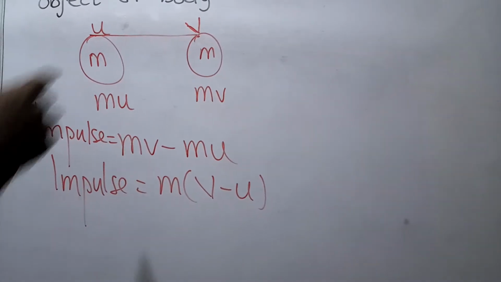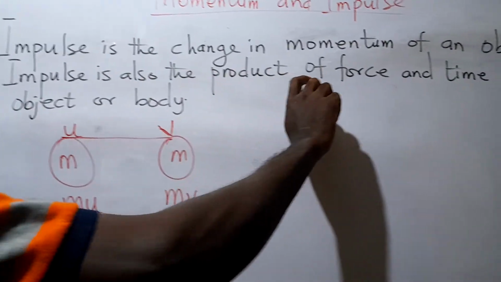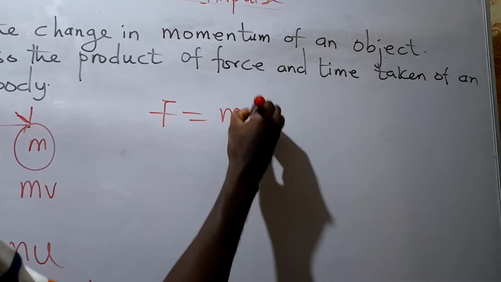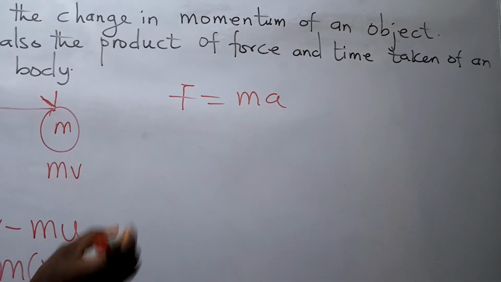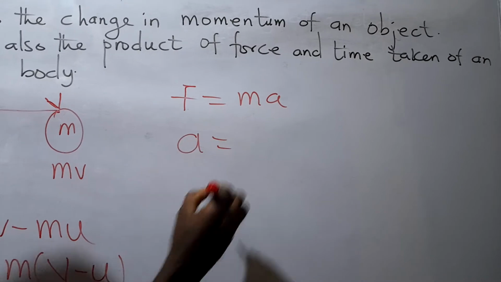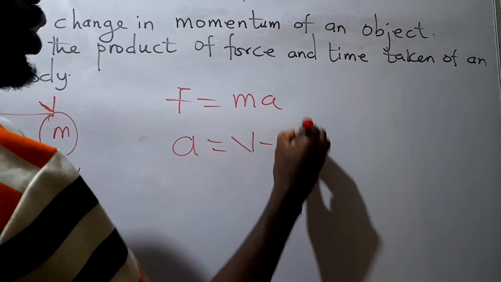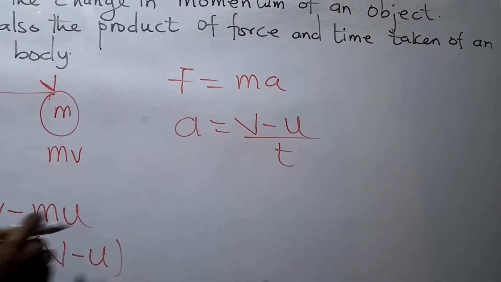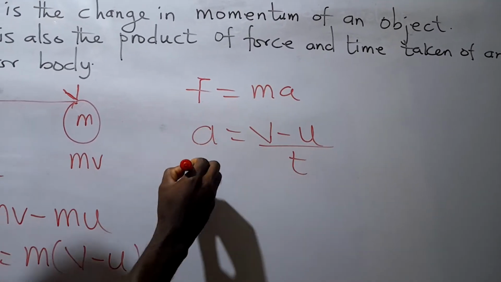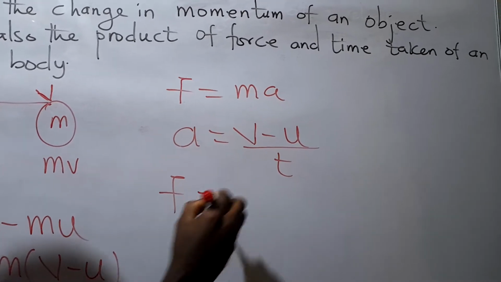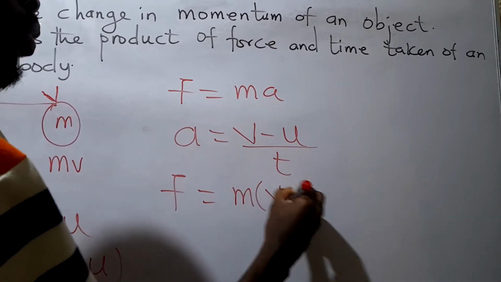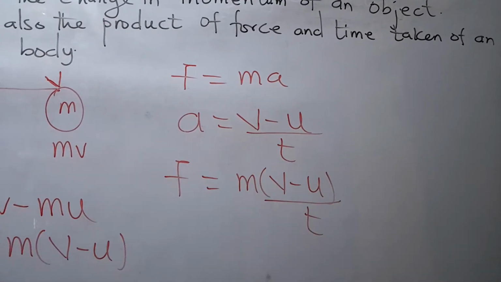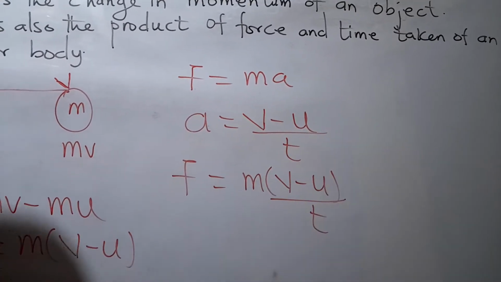Now let's look at the second aspect, which is the product of the force and time. Force is mass times acceleration. Acceleration is a change in velocity with respect to time, if you remember very well. So we can substitute for a here: F is equal to m times (v minus u) over t. In place of a, I substituted (v minus u) over t.